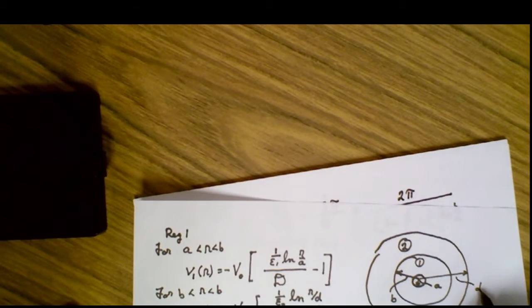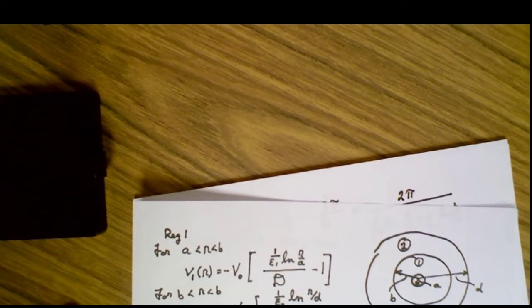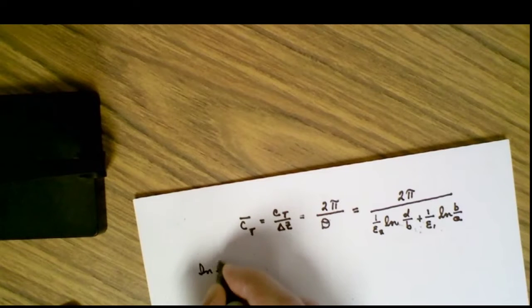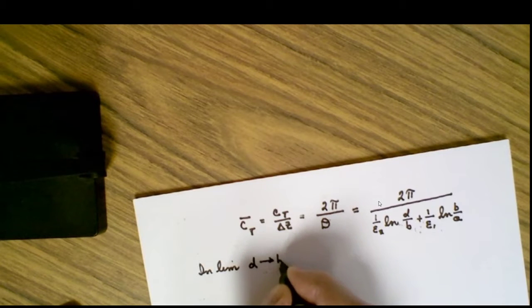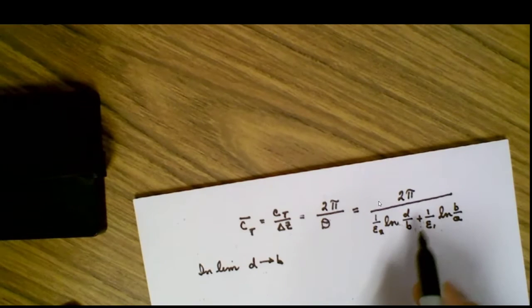In the limit, when d is equal to b, we observe that the natural log of 1 is equal to 0.